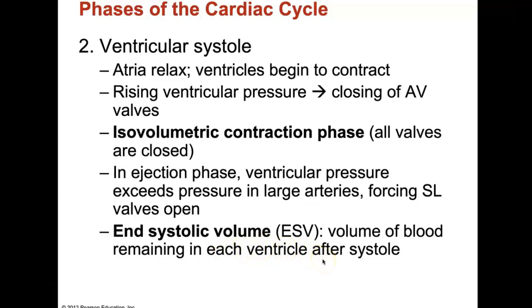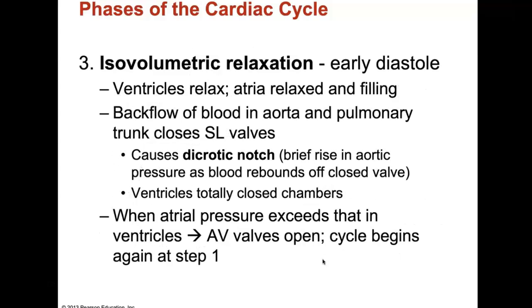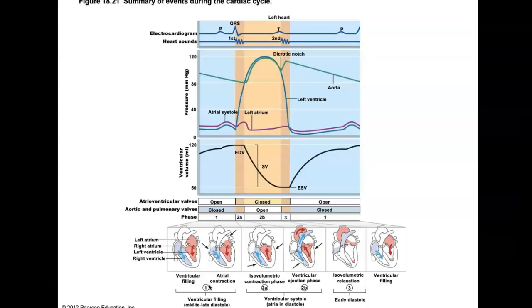Ventricular pressure drops rapidly and blood in the aorta and pulmonary trunk flows back toward the heart, closing the semilunar valves. Closure of the aortic valve raises aortic pressure briefly as backflowing blood rebounds off the closed valve cusps, which on the diagram we noted as the dicrotic notch.